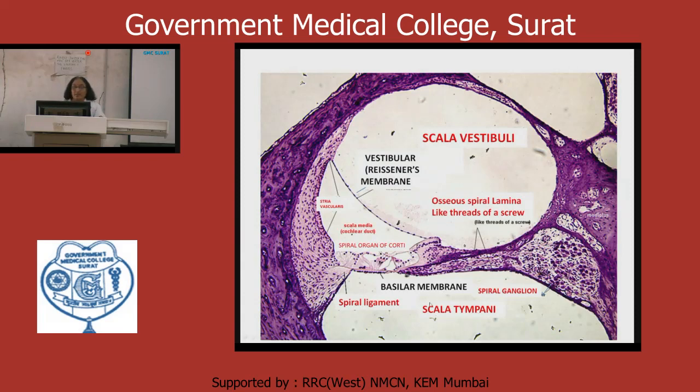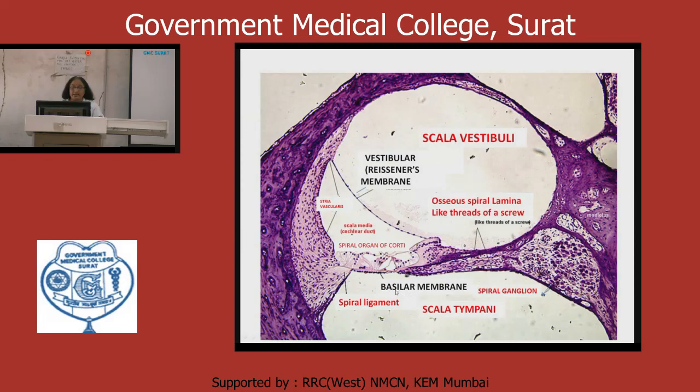Now the third is called the scala media, that is called the cochlear duct. The scala media, the cochlear duct, lies between the vestibular membrane, which forms the roof of the cochlear duct, and the floor of the cochlear duct, which is formed by the basilar membrane.